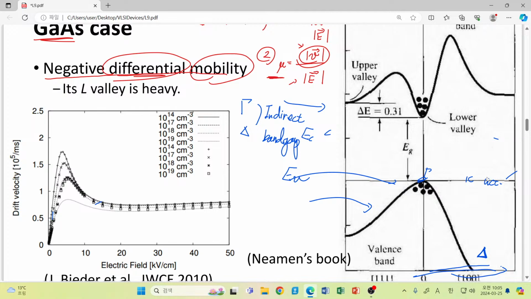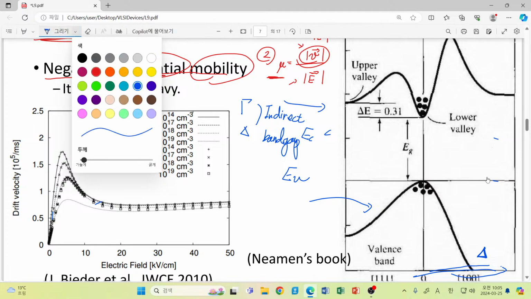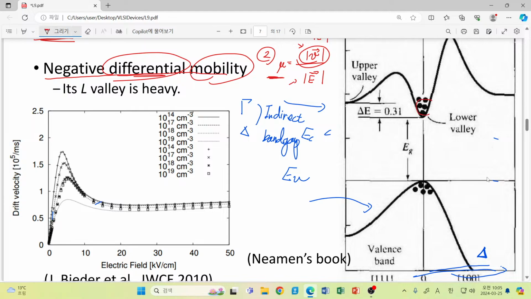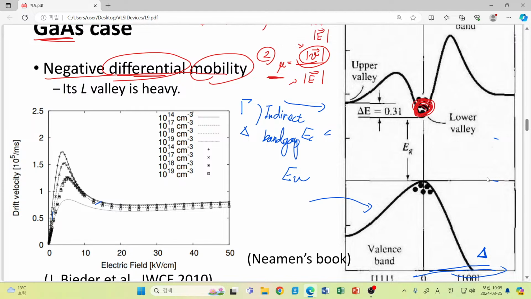So if we have electrons in the gallium arsenide, at low electric field, of course, we can find our electrons only in this gamma valley.